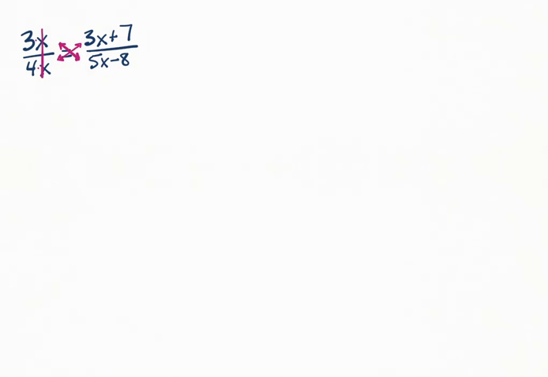Now when we do our cross products, we're going to get answers that don't have x squared in them. So cross product 3 times 5x minus 8, we'll write that down, equals the other across, 4 times 3x plus 7.